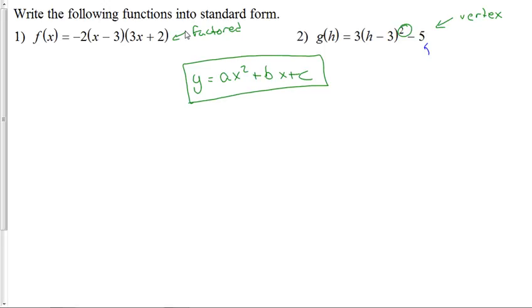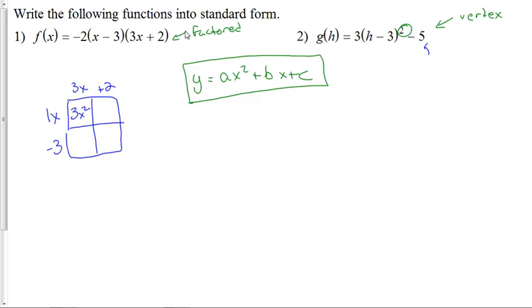So in this case, we are going to multiply out the x minus 3 and the 3x plus 2. Using this box, 3x times x is 3x squared. It's not 3x, it's not 4x, that would be adding. You multiply 3 times 1, and then x times x. 3 times 1 is 3, x times x is x squared.